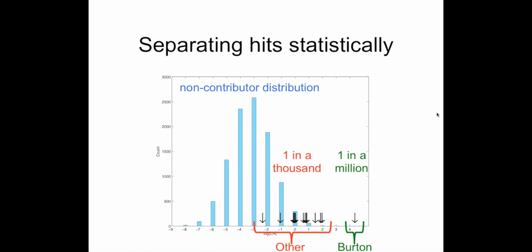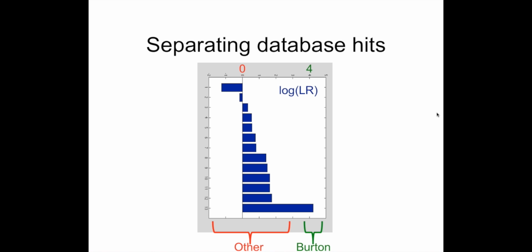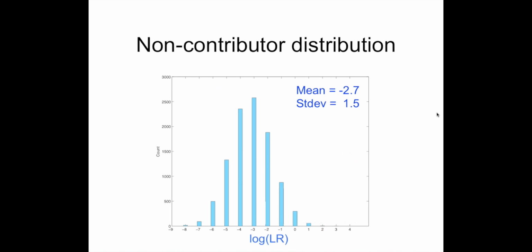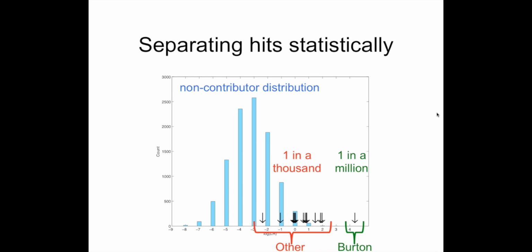So here again is the non-contributor distribution, and now what we're going to do is assess those 13 match statistics and their size in the context of a probability distribution that was determined solely from the evidence for non-contributors. In red, we see where the 12 hits that were not Mr. Burton lie along this bell curve of non-contributors.